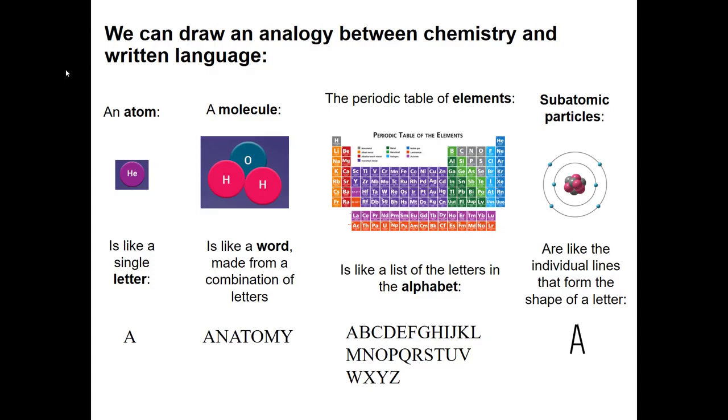And then we said that each atom could be broken down into smaller parts. It's just that the atom makes a little less sense once you start breaking it down like that. It stops being an atom of a particular element once you start breaking it down. The same way you could break down a letter into the specific lines that make it up, but it would stop being the letter A if you took a piece of it away.